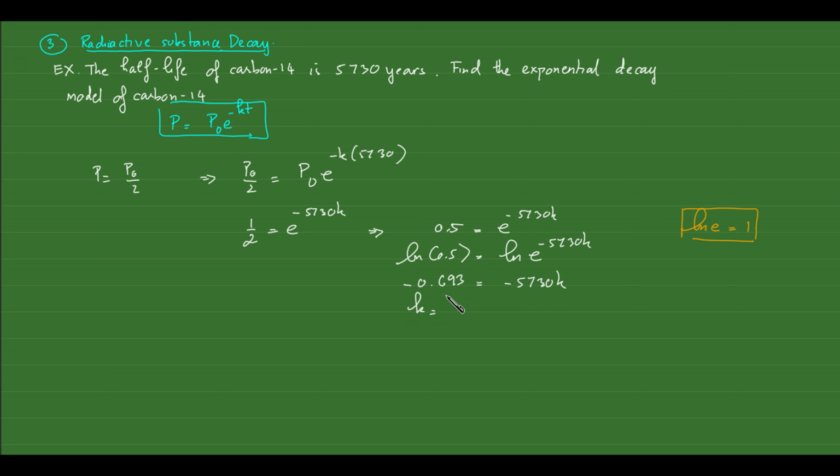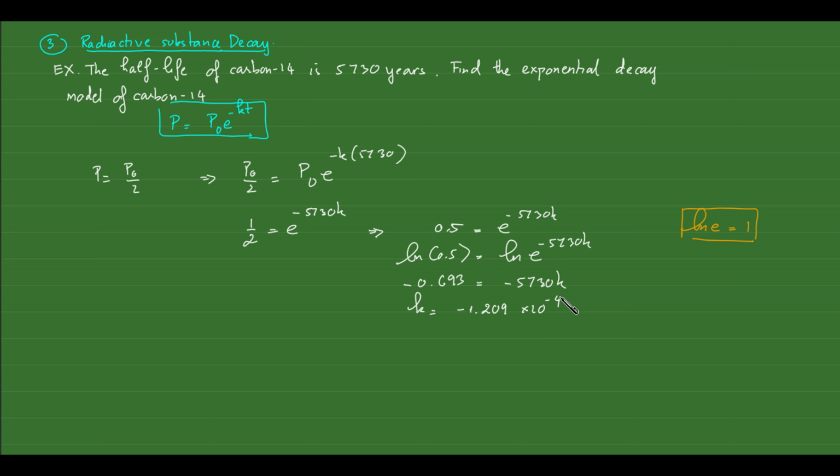Okay, k will be negative 1.209 raised to the negative 4.